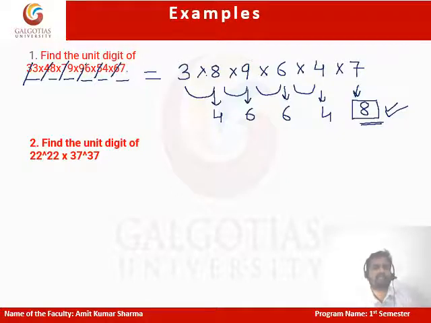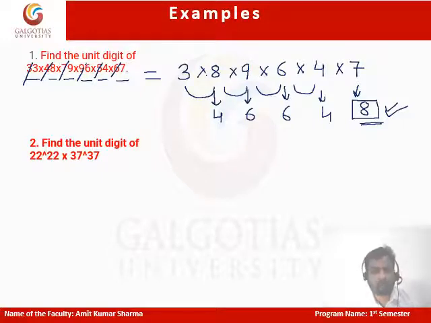In the second question, it's what number raised to the power something. For this kind of questions, we have already seen there must be a cycle of 4. After 4 powers, every number repeats. Last digit of every number repeats.